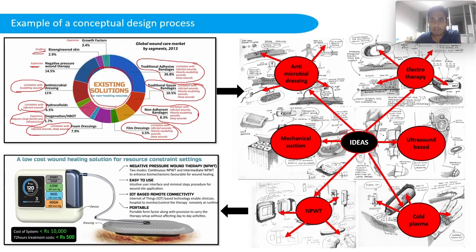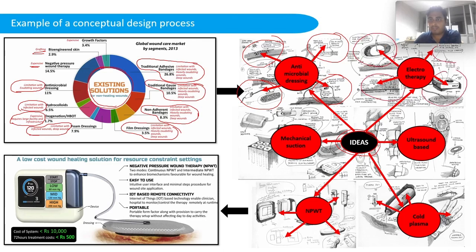And this is how the mind mapping is done. For example, the ideas related to antimicrobial dressings are grouped like this. These are various antimicrobial concepts or ideas that we came across. Then ideas based on electrotherapy are again grouped.